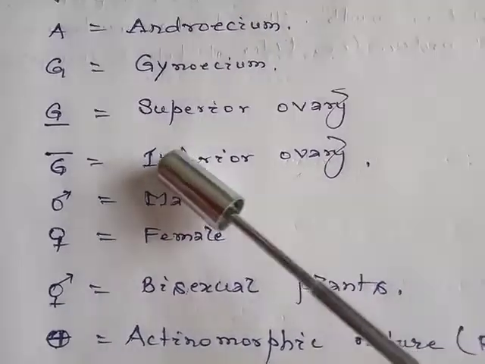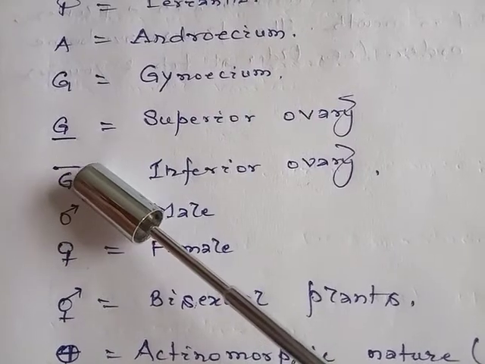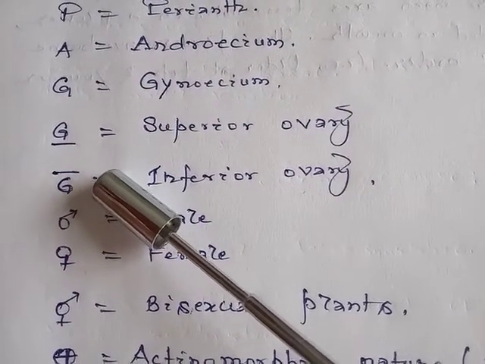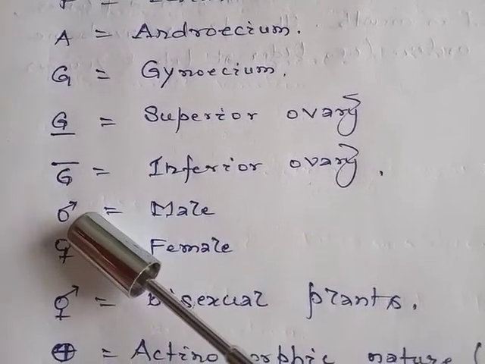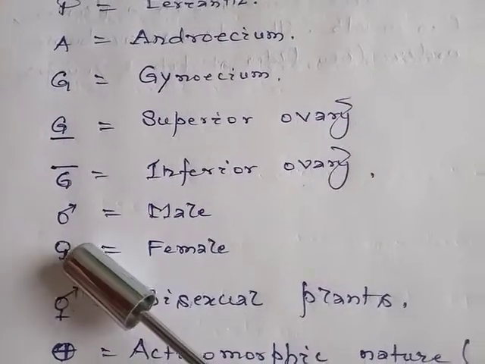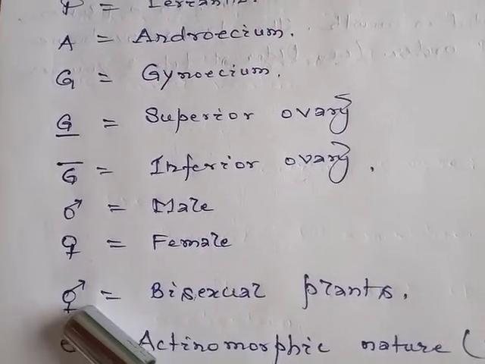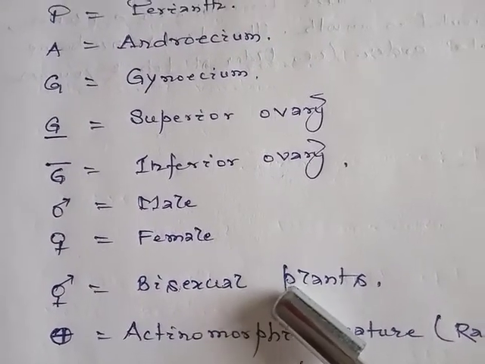In the case of an inferior ovary, the G is overlined to show this specific feature. There is a sign used for male, and a sign used for female, and a sign used for the bisexual character.